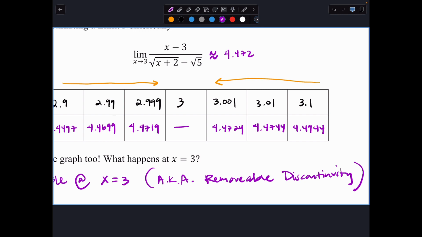Now, I can tell you that from evaluating this limit analytically, which we'll get to at the beginning of next year, this ends up being equal to 2 root 5. And if you type 2 root 5 into your calculator, you see an approximation of 4.472.